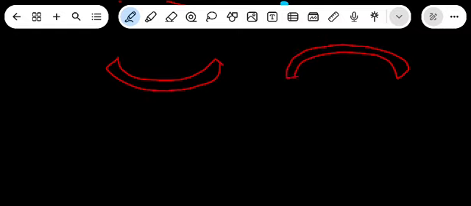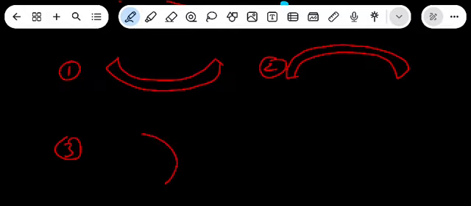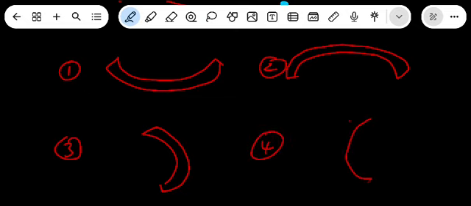I have option 1 here, 2, and we also have 3. The bar here bends in this manner. I want you to identify something. Number 4 bends in the opposite direction. This is simply just your bar.